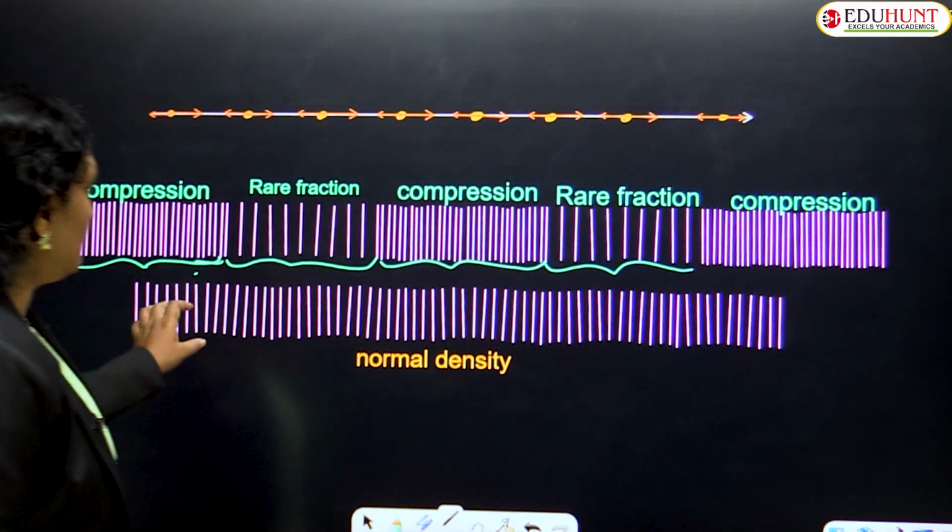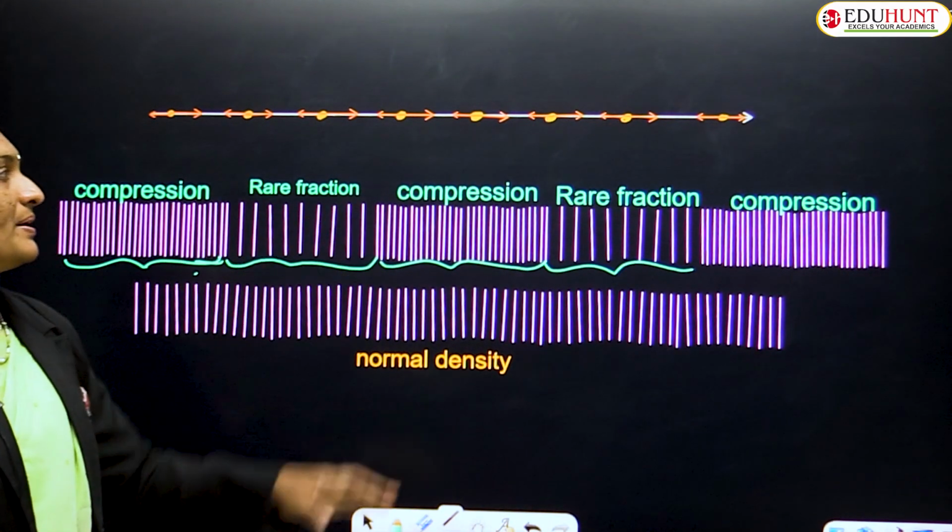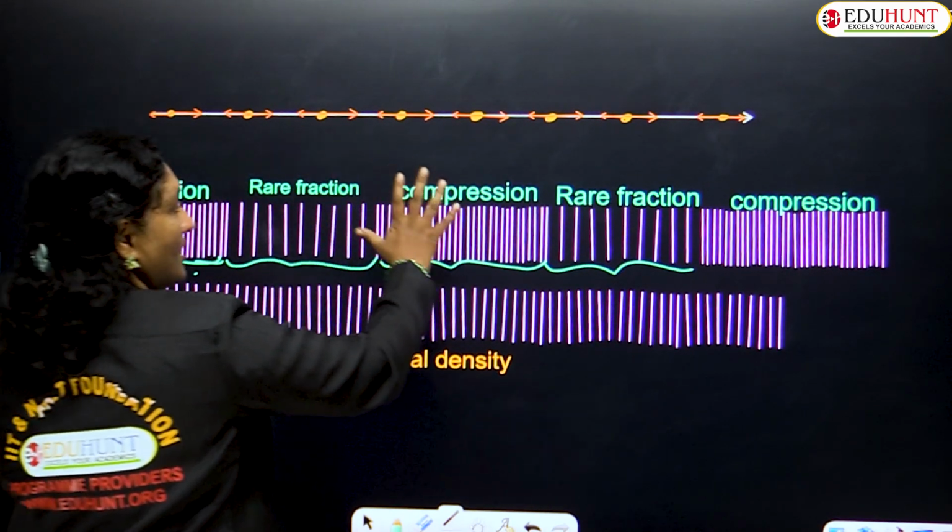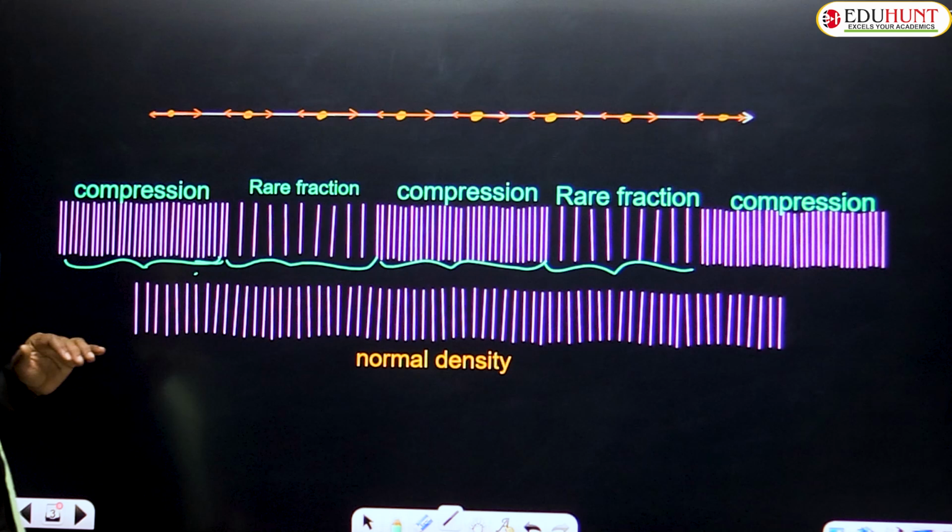You can see in the picture that alternate compressions and rarefactions are formed. So this is compression, rarefaction, compression, rarefaction, compression, rarefaction, and so on and so forth.